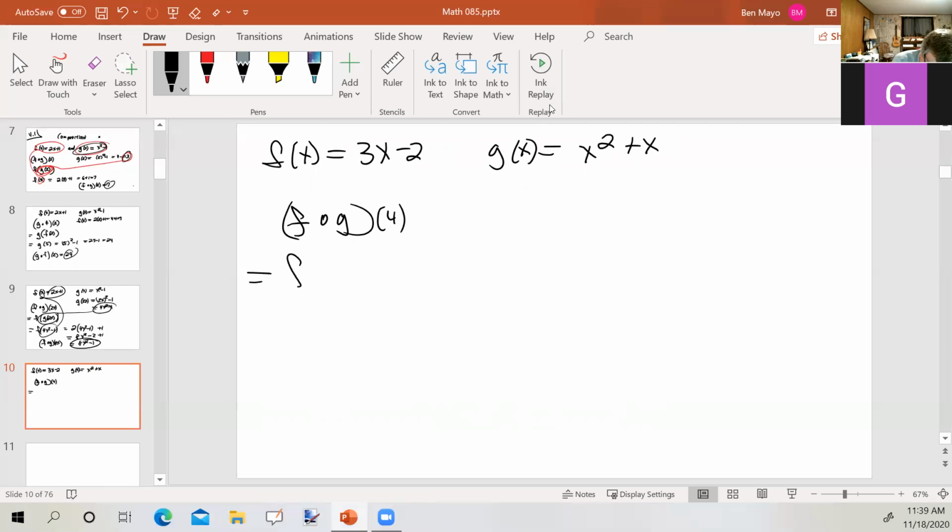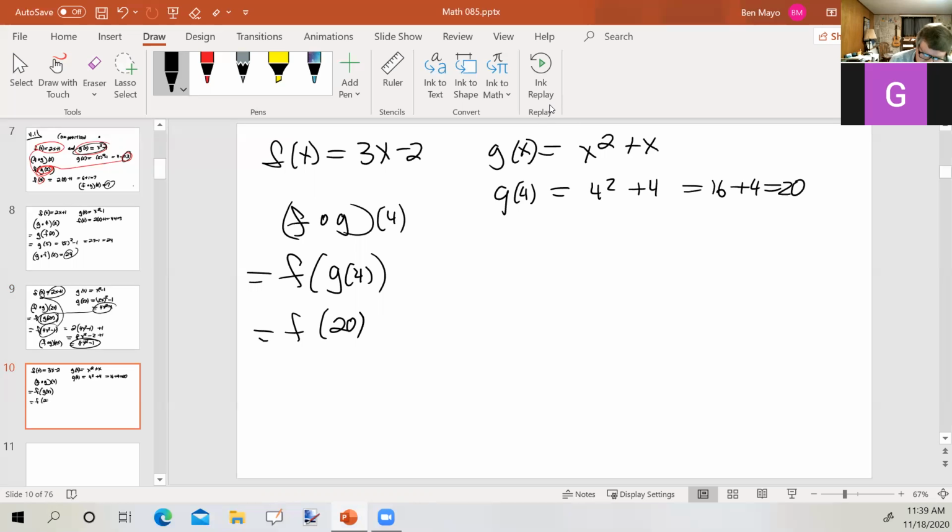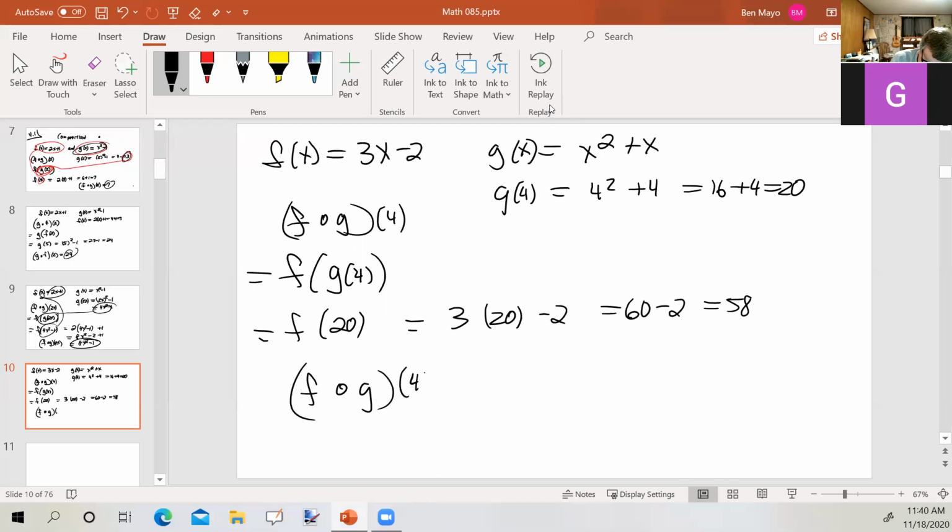So that's equal to f of g of 4. g of 4 is 4 squared plus 4, which is 16 plus 4, which is 20. So f of g of 4 becomes f of 20. f of 20 is 3 times 20 minus 2, which is 60 minus 2, which is 58. So f composed with g of 4 is 58.